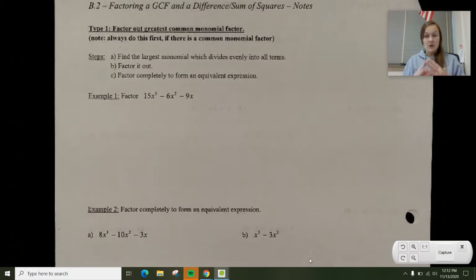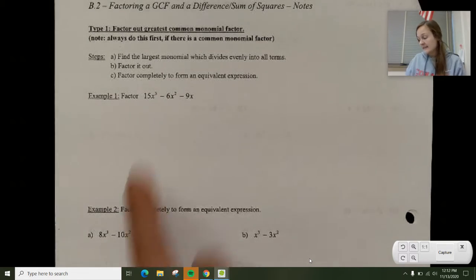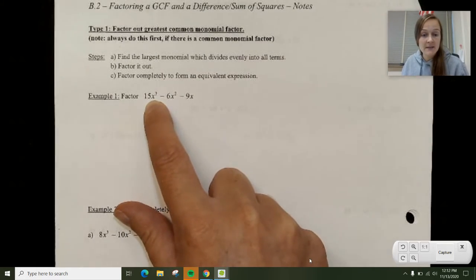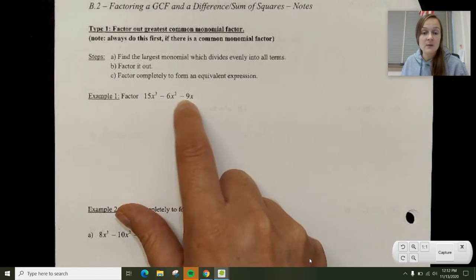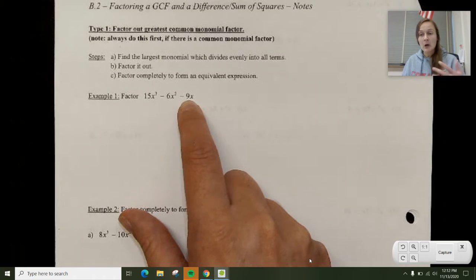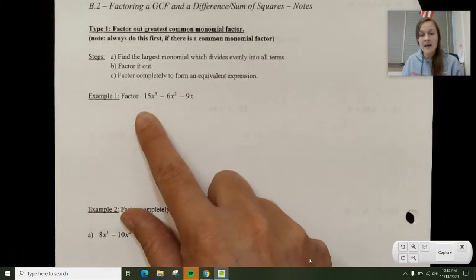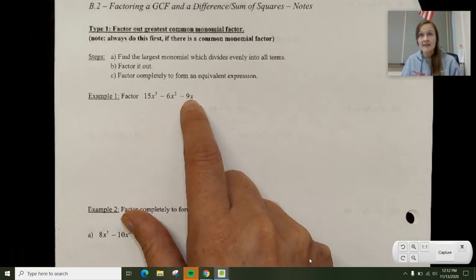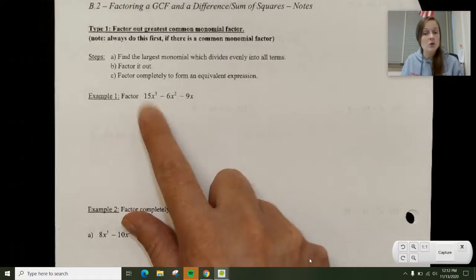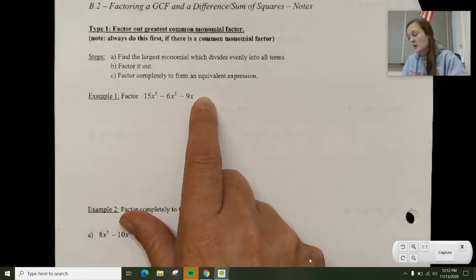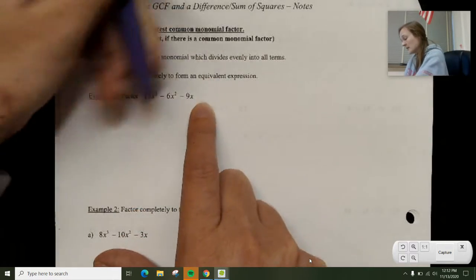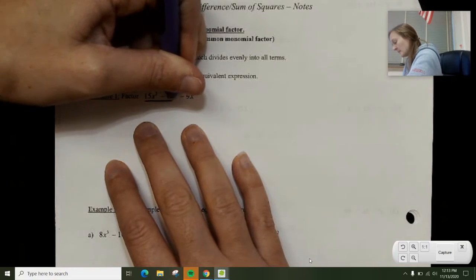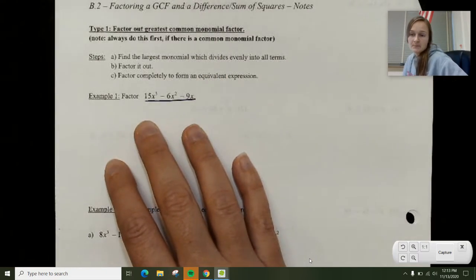So in the first example, I see factor 15x cubed minus 6x squared minus 9x. So when I'm talking about a common factor, the greatest common factor, I'm not only looking at the numbers 15, 6, and 9, I'm also looking at the x's and their exponents, x cubed, x squared, and x. So when I take out a greatest common factor, I look at those things separately.